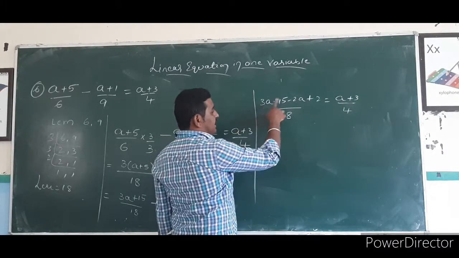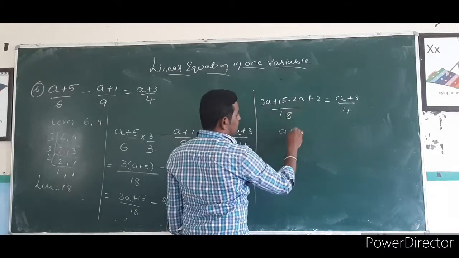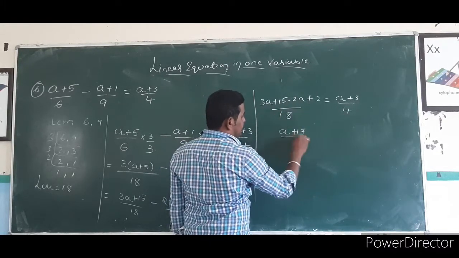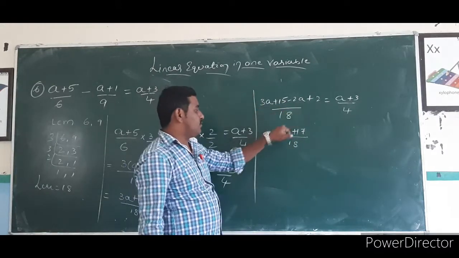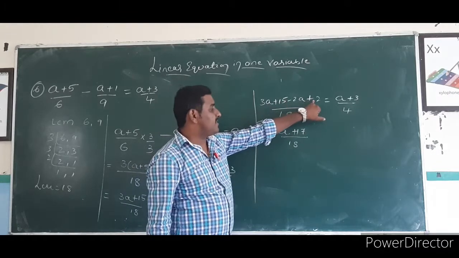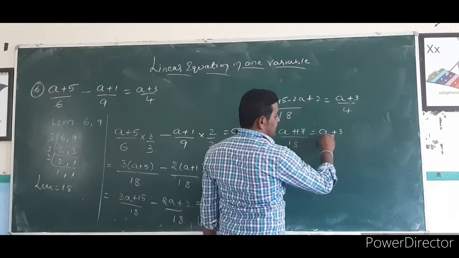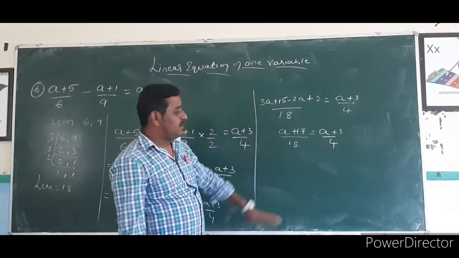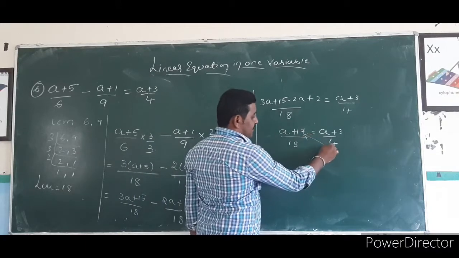In 3a, 2a goes, means a, and 15 plus 2 is 17, so (a plus 17) divided by 18 is equal to (a plus 3) divided by 4. Now after getting this step, you should cross multiply.